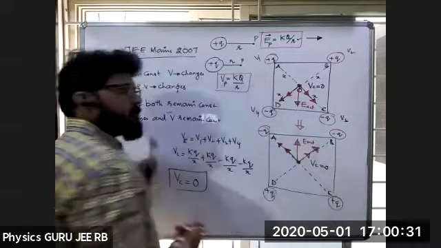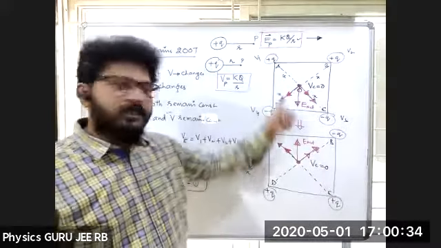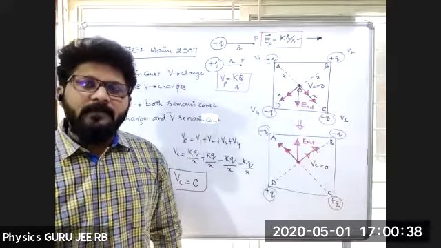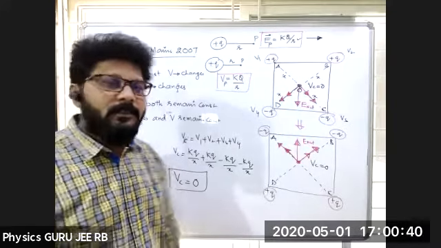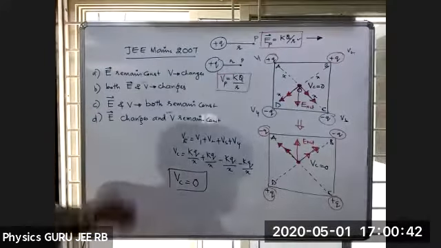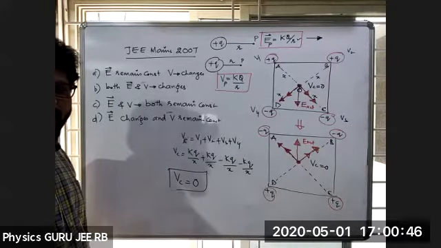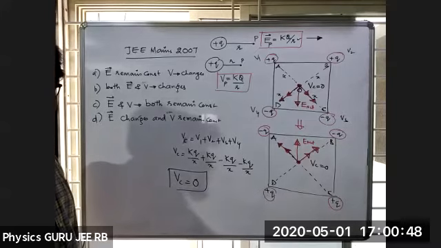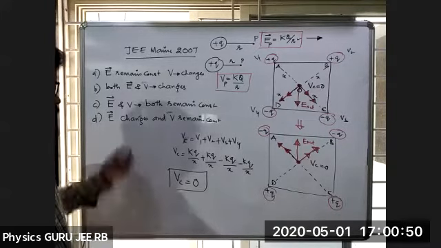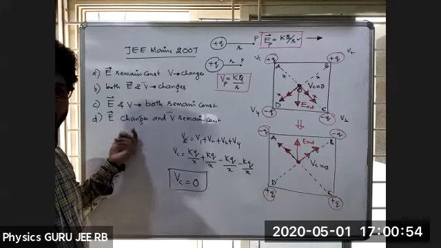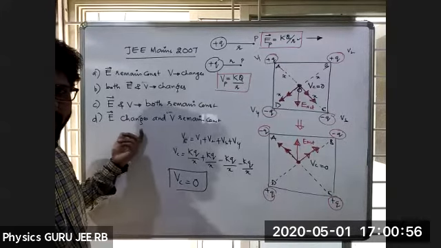Now directions are changed. Directions in the first case and second case are changed. That means what will be the answer in the given options? Can anybody tell? What remains constant here, electric field or potential? Okay. So E is changing, not even in magnitude, but in direction, we can say.